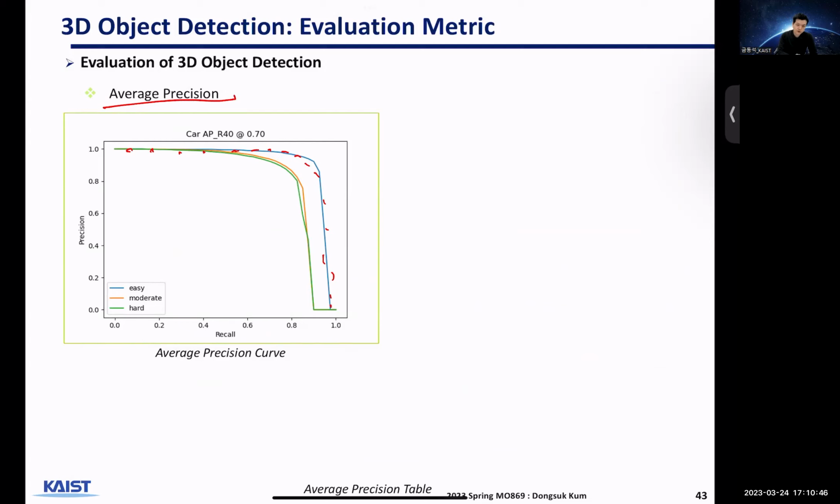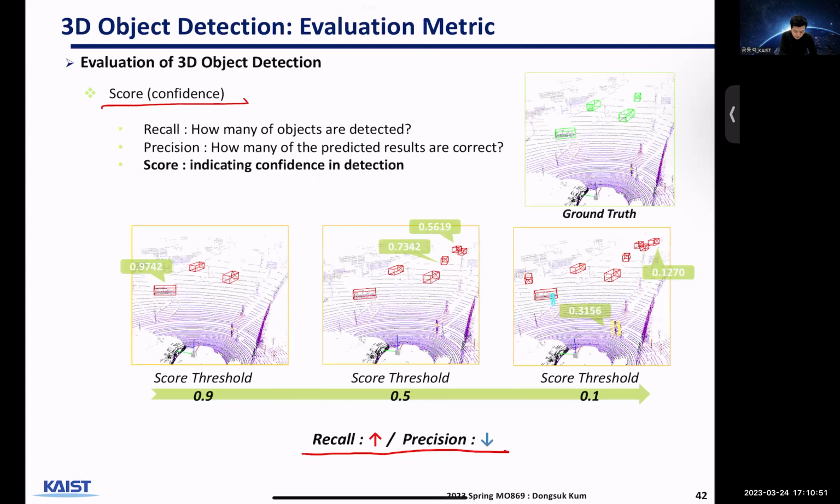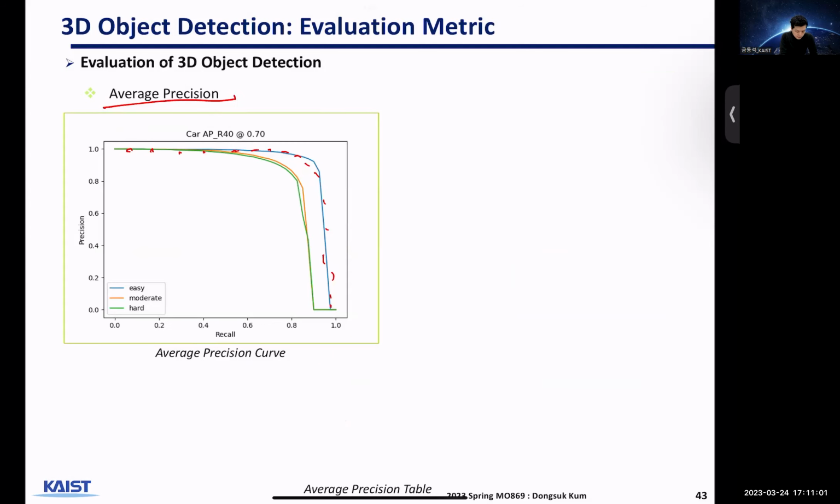Because you change the score threshold, like I said, you increase recall but decrease precision when you decrease the score threshold. So here's recall, here's precision. When you lower the threshold value, you're going to go this way. If you increase the threshold, then the performance will move towards that direction.